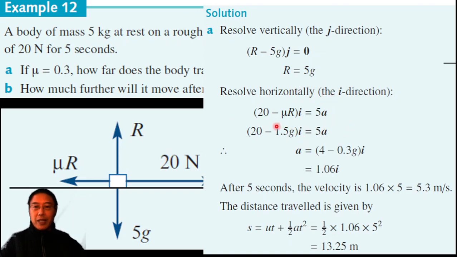Next one is 20 minus mu R is equal to 5, the mass, times the acceleration. So we end up with our acceleration A equal to 1.06, which is a constant horizontal acceleration to the right. We multiply by 5 to find the velocity, so that gives us 5.3 meters per second.